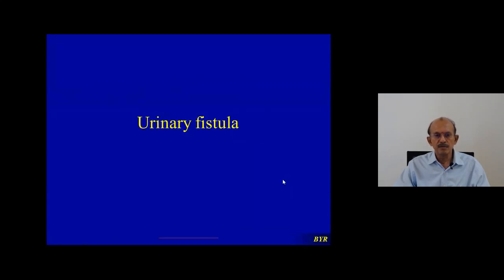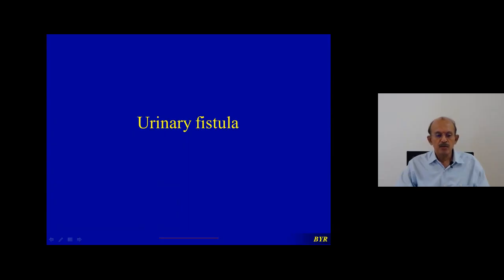What is fistula? Define fistula. Fistula is a tract lined by granulation tissue connecting two epithelialized surfaces.